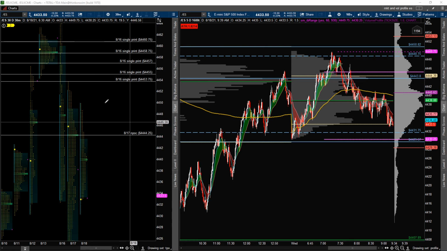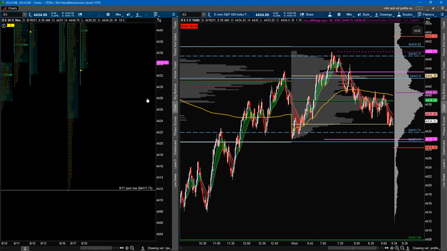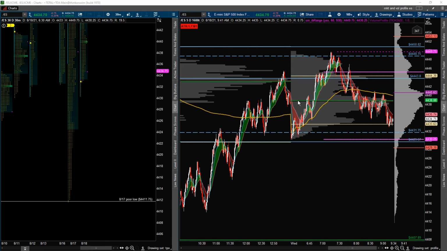So maybe when the FOMC minutes come out in about another hour, 25 minutes, we will see maybe a run at filling the single prints or coming down to the poor low. Right now, we're essentially sitting inside of the IB range. Also, looking at the volume profile, notice that it is basically a range day or a balanced day, in terms of profile shape.